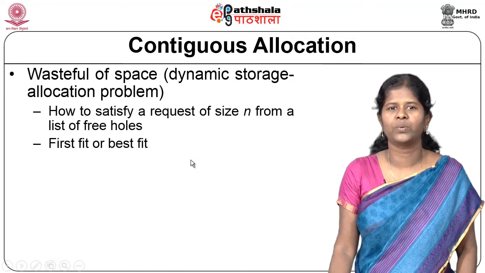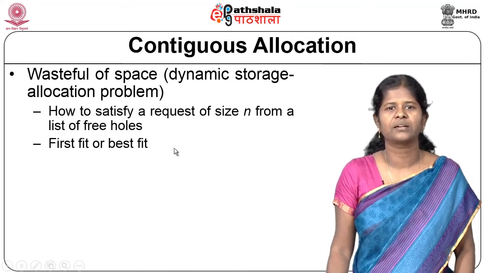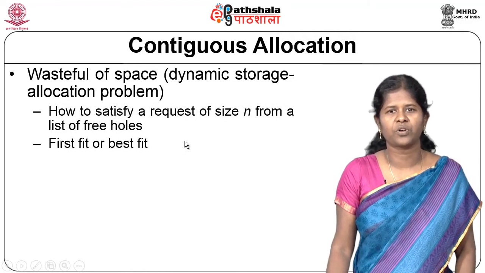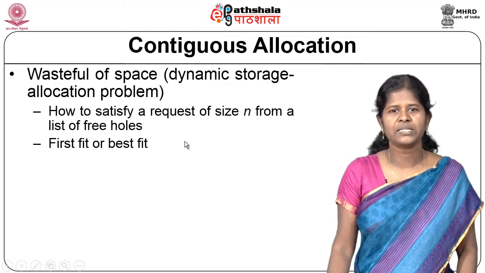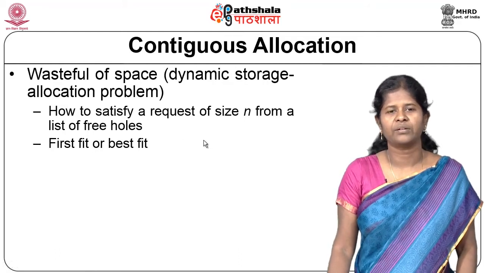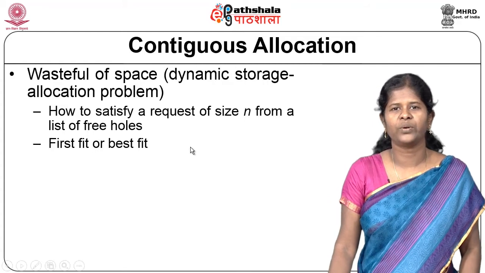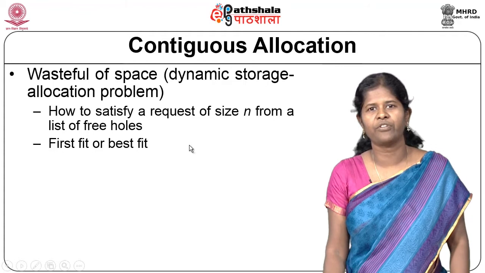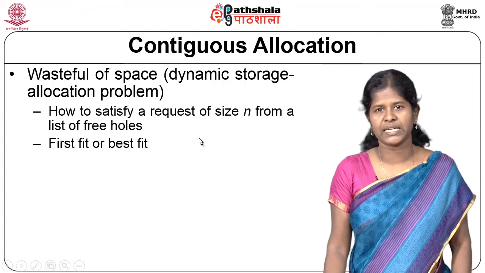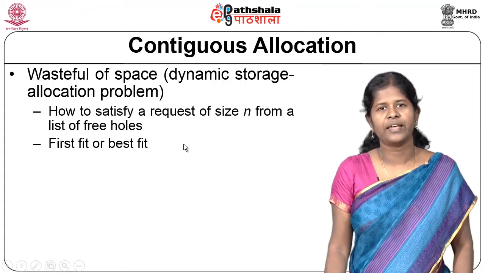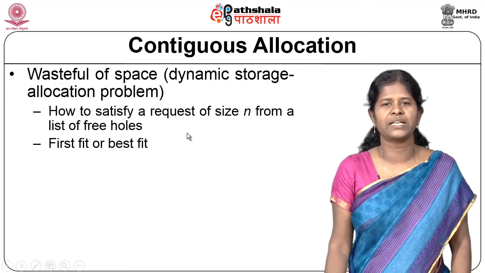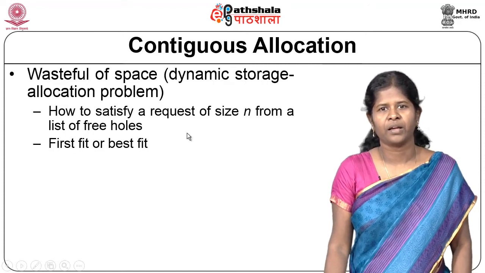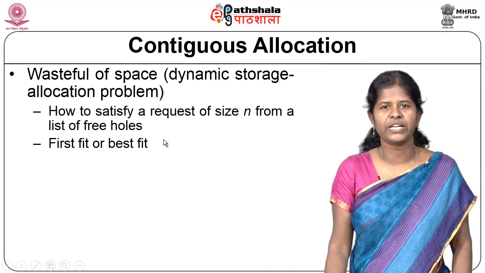But the problem here with this contiguous allocation is that the dynamic storage allocation problem comes into picture. That is, suppose you have a list of free holes and you need to allocate say 5 disk blocks for a file, and you have a number of holes which can accommodate these 5 disk blocks, then where do you allocate space for that file? You can go for one of these two strategies.